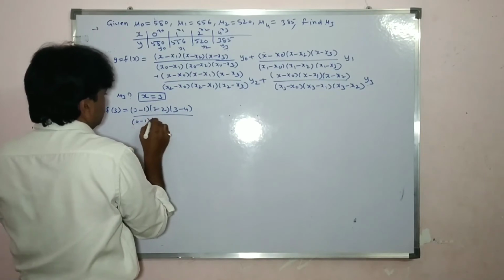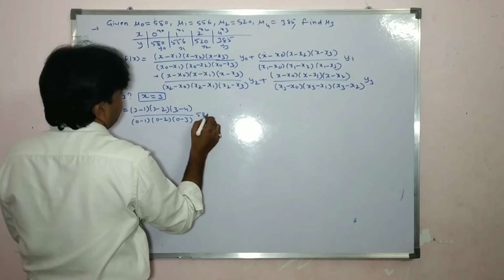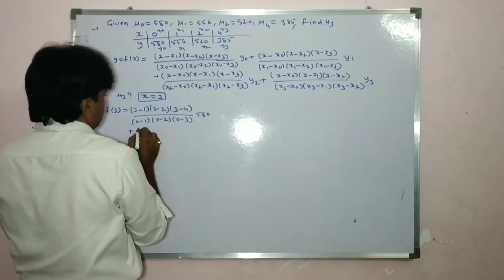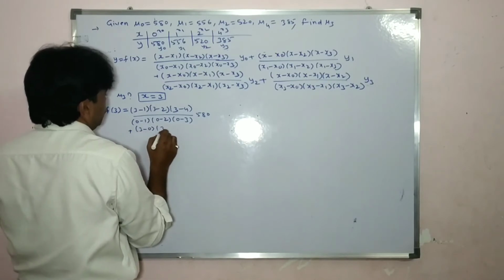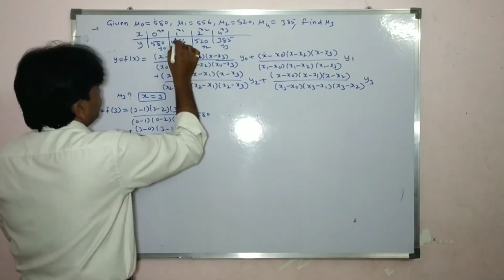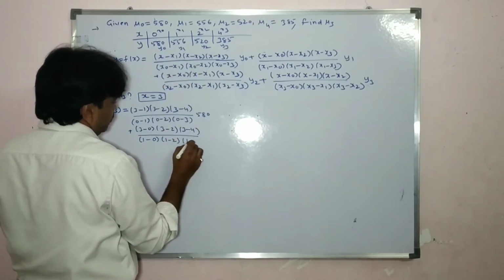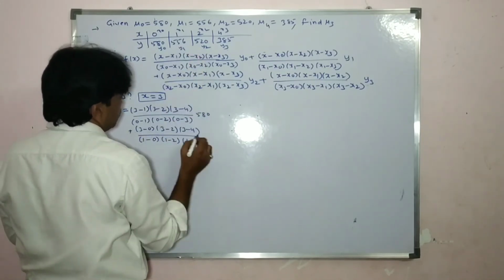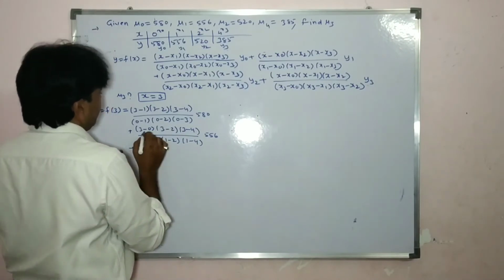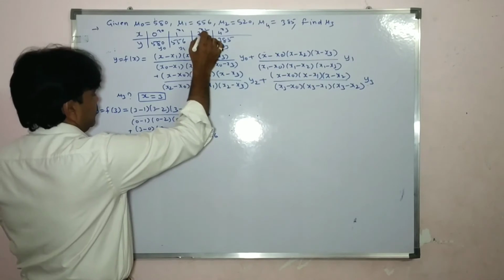Into 580 plus, this time skip 1. So 3 minus 0, 3 minus 2, 3 minus 4 divided by 1 minus 0, 1 minus 2, 1 minus 4. What is y1? 556 plus, x value is 3, this time skip 2.